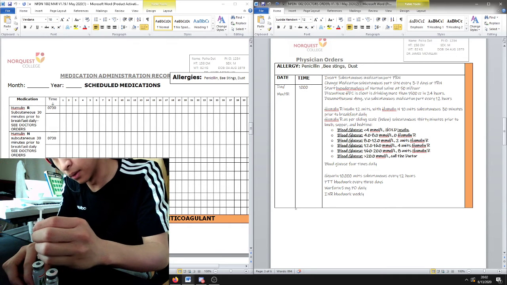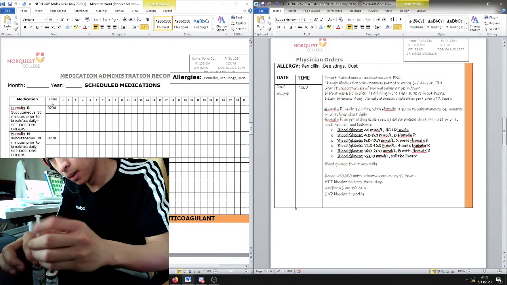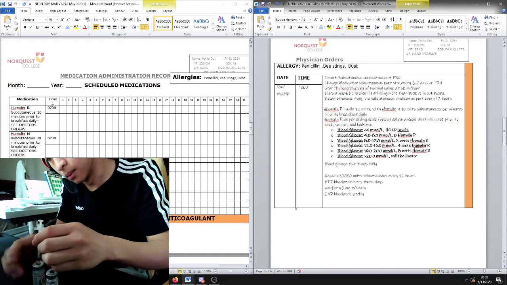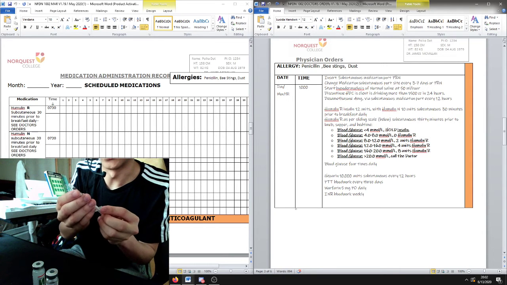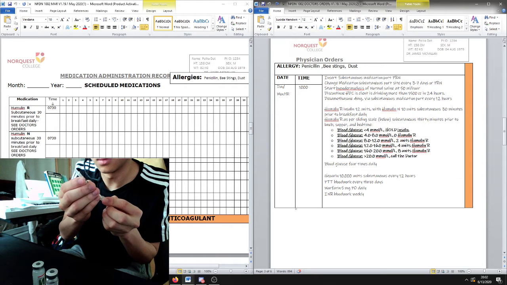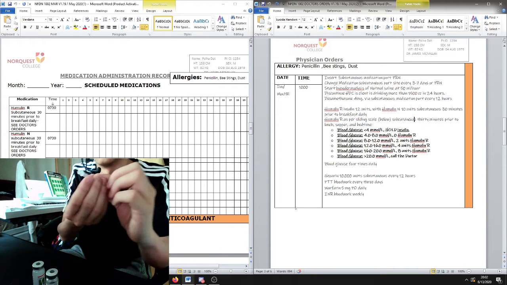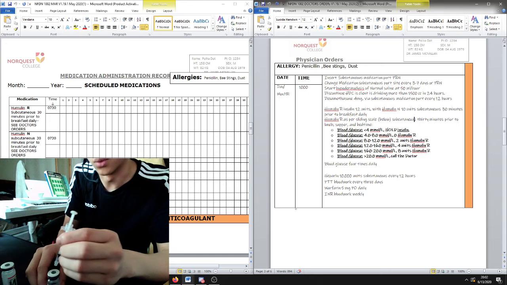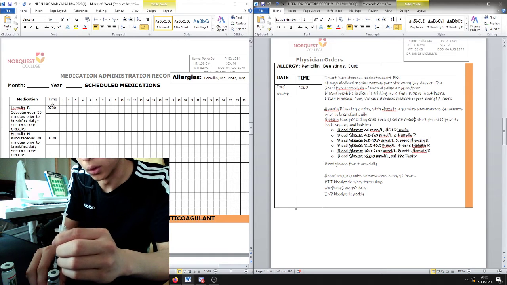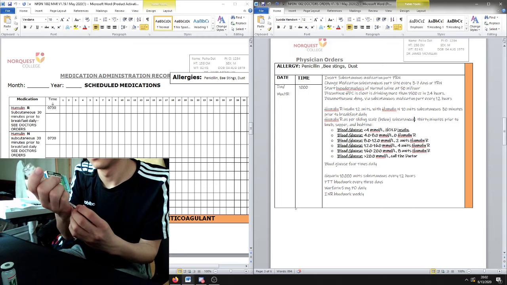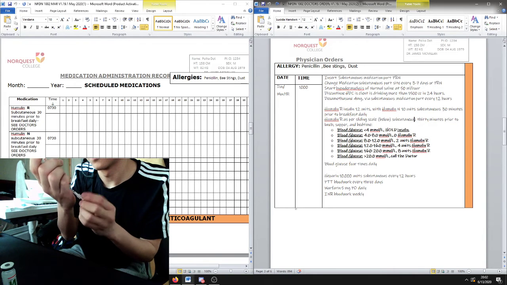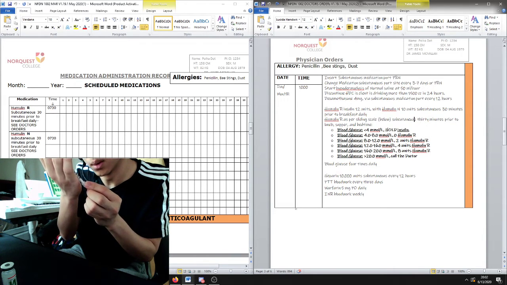Being careful for the needle to not touch the medication. Next, I'm going to aspirate Humulin R with 12 units of air, and I'm going to draw the medication after. Drawing 12 units.